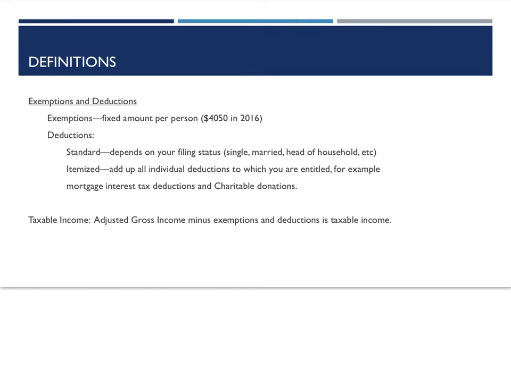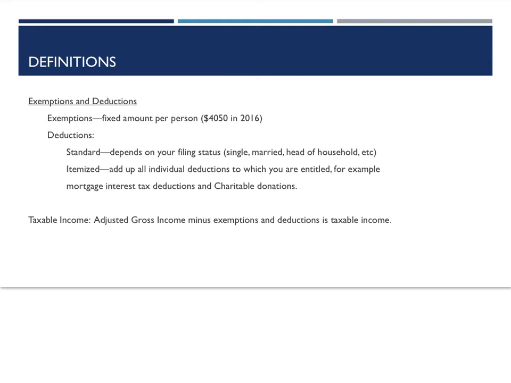Once you have figured your adjusted gross income, before you figure your taxes, you have to find what's called your taxable income. So from your adjusted gross income, you're going to take off what we call exemptions and deductions. Now, the exemptions, that's a fixed amount of money per person in your household that you call a dependent.